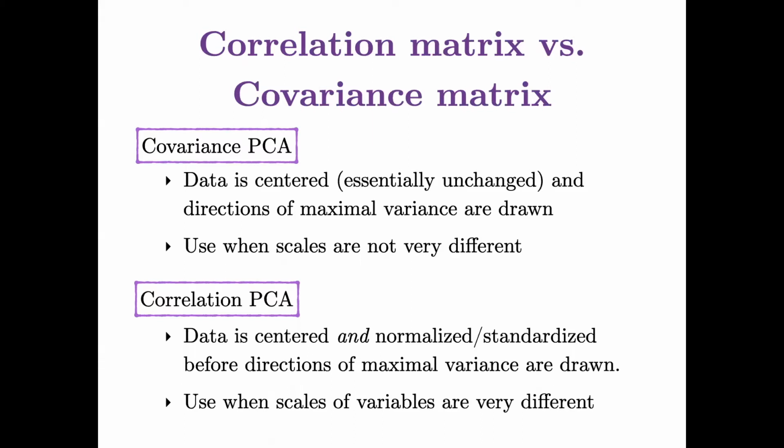On the other hand, correlation PCA is a situation where your data is standardized before those directions of maximal variance are drawn. So we want to use correlation PCA when the scales of the variables are very different.